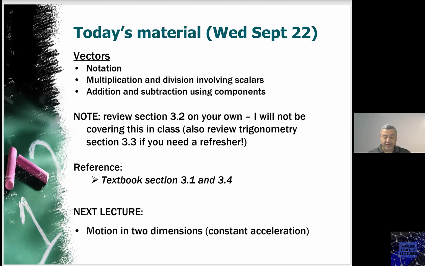So we'll talk about the notations, we'll talk about multiplication and division involving scalars, and we'll also talk about the addition and subtraction using components. So you should refresh your memory by going to those two sections while we are covering also 3.1 and 3.4. If you're interested in reading for next lecture, then read about the two-dimensional motion, which is basically the same as constant acceleration.